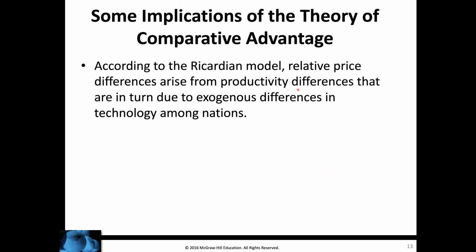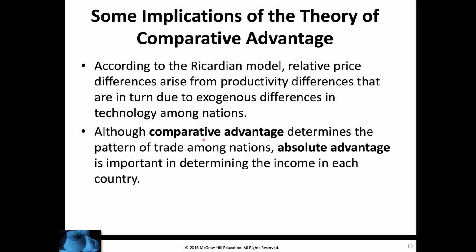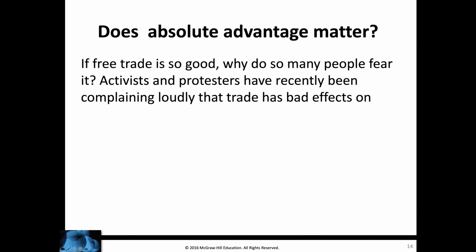So the productivity differences here are due to differences in technology among nations. For whatever reason, the US had a comparative advantage in producing wheat and a comparative disadvantage in producing cloth. Although comparative advantage determines the pattern of trade among nations, absolute advantage is important in determining the income in each country, and we'll go over that.